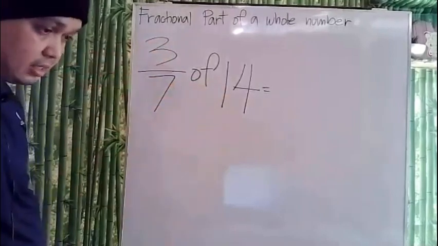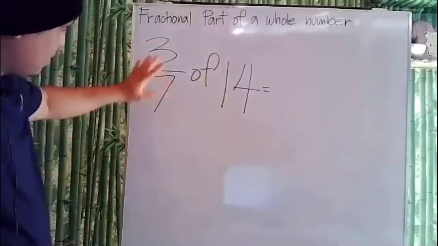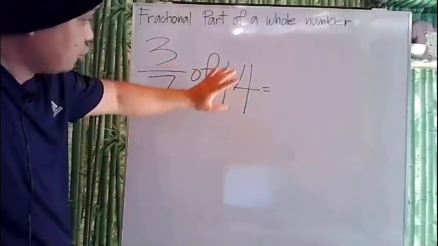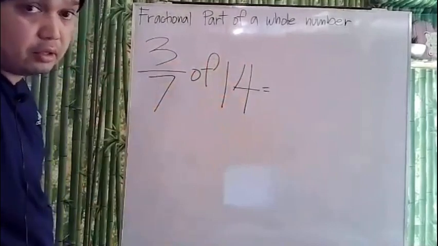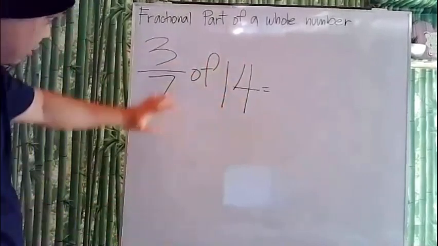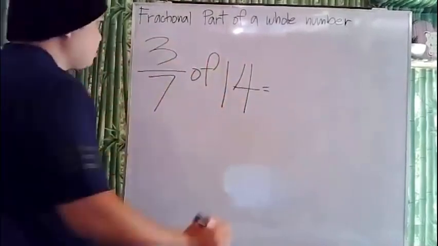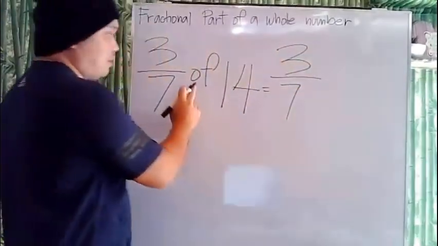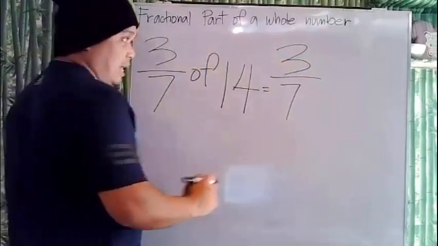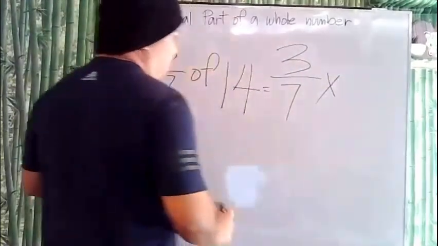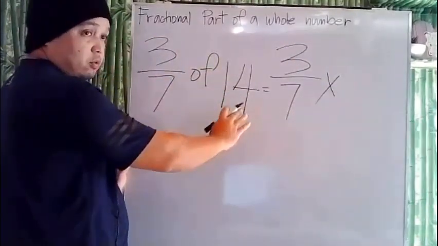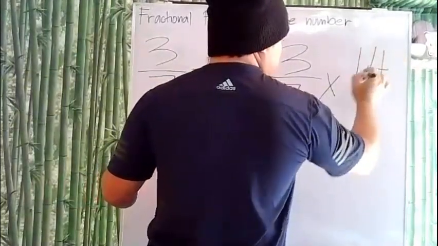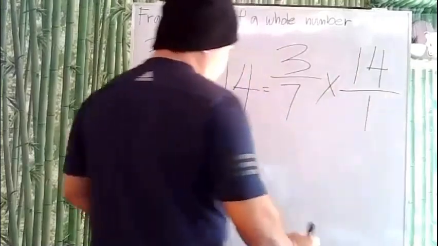So how to answer this? Same process. Multiply the fraction to the whole number by changing this whole number into fraction form. So how to do that? First, let's copy this. That will be 3 over 7. Now, "of" here will become multiply. Now, 14 here will become 14 over 1 in fraction form. Okay? Because 14 over 1 is the same as 14.